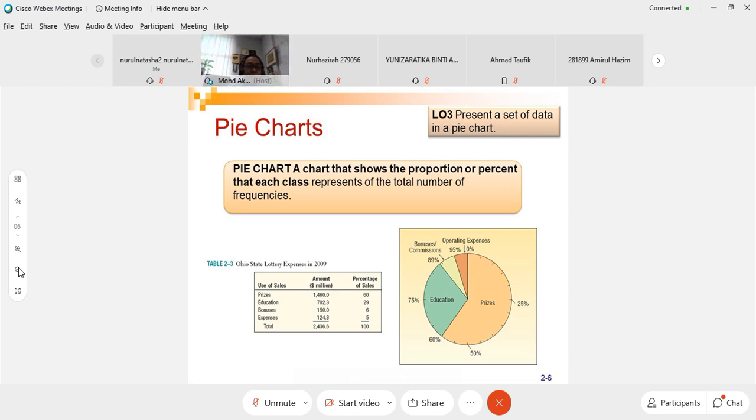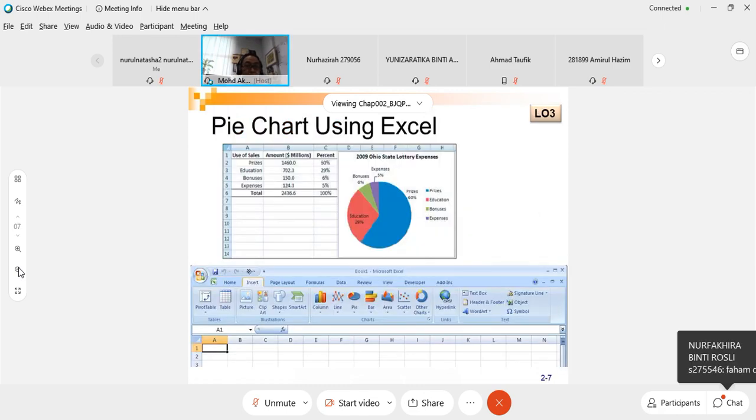Faham? Ada persoalan tentang pie chart? Any question? Okay, we proceed to pie chart using the Excel.